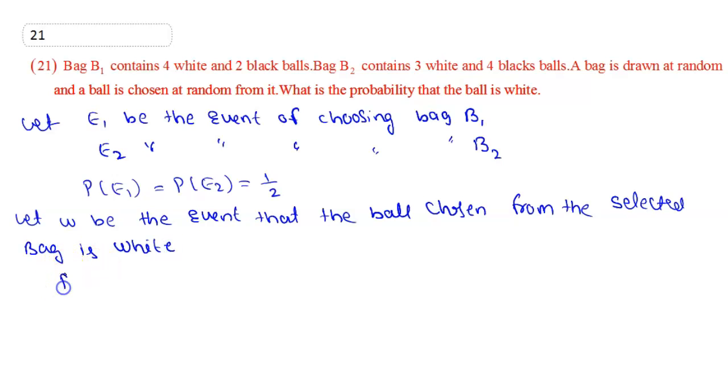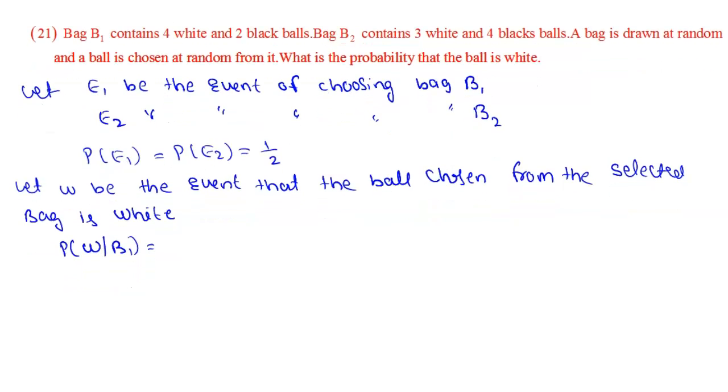So here I am taking P of W divides B1, in the sense white balls in bag 1. So here 4 white balls are there, total balls 6. So I am writing it as 4 by 6. At the same time, P of W by B2, bag 2. So here 3 are there, that is equal to 3 by 7. So this cancellation will exist, 2 by 3.